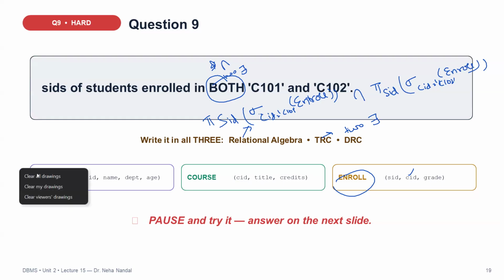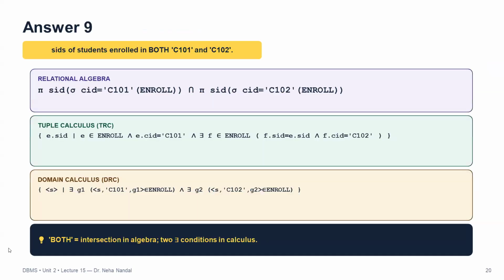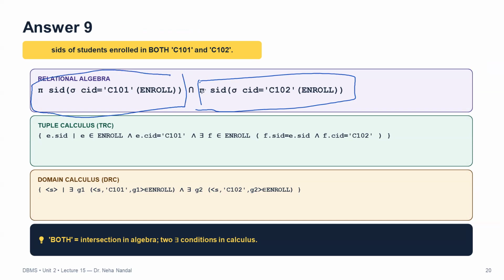Now let us see their answers. See, this is your answer. So see what is happening. We performed first this part completely, then performed this part, and we just appended intersection in between. In the same way, in this one you will utilize two times there exist. We want to display SIDs from enroll.